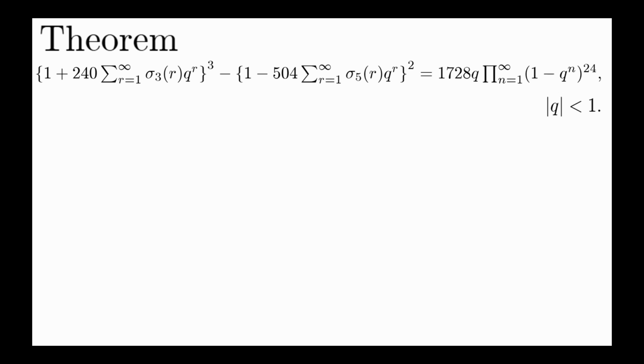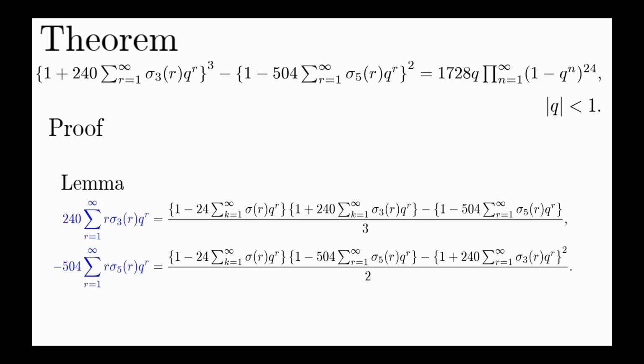And the way that this is usually done involves the Dedekind eta function, and the proofs make use of complex analysis and so on. But it is actually possible to show this result making use of only elementary methods, and this relies on a very simple lemma due to Ramanujan, which concerns the derivatives of the Eisenstein series E4 and E6.